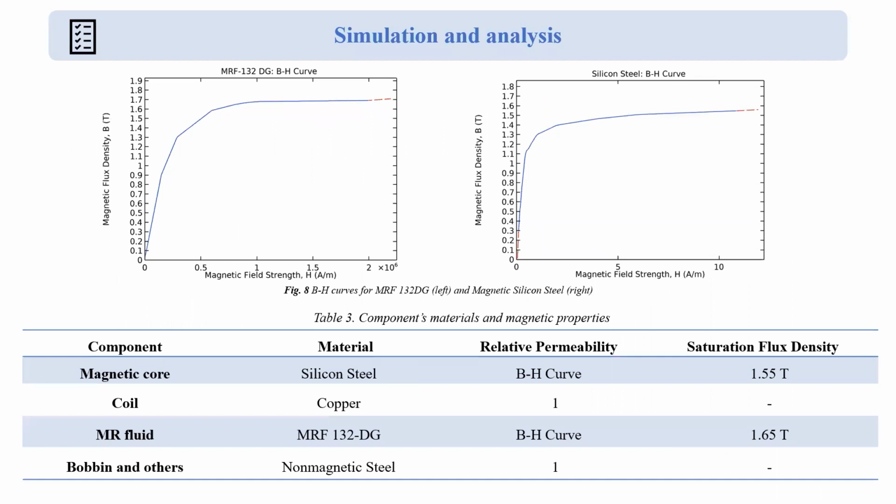We plotted the flux density versus the magnetic field strength for the MRF 132 DG, because this was available, and for the magnetic silicon steel we selected, we have drawn the same. The rotor is made up of magnetic silicon steel, because the flux should not leak and should reach where needed.